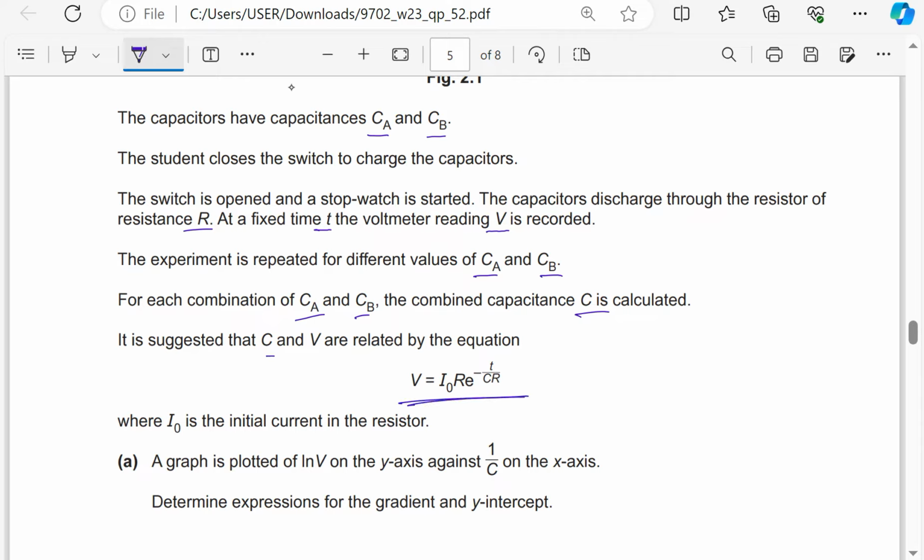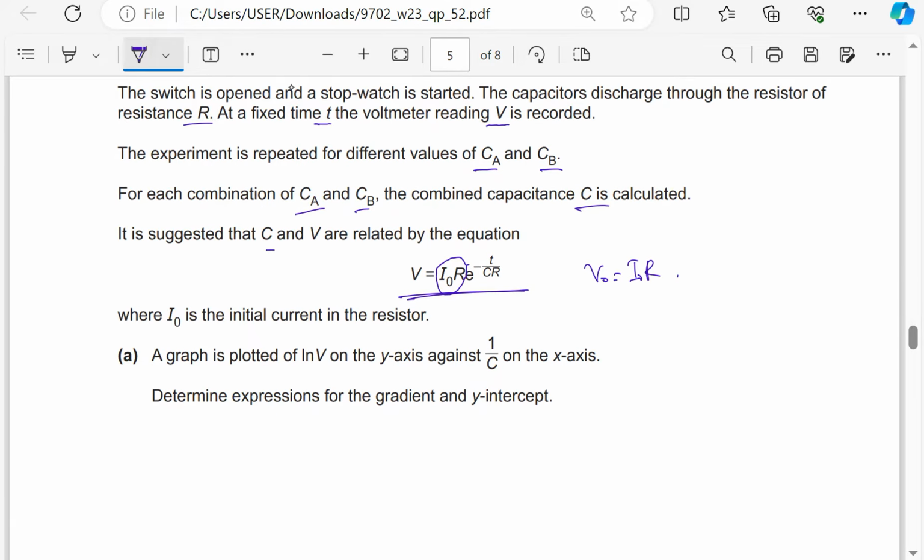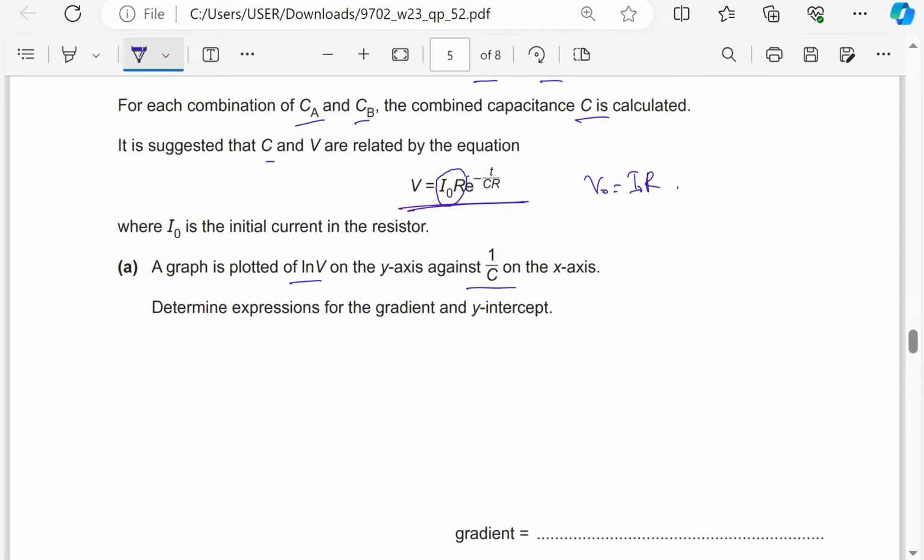We have seen this equation in capacitance. This is the discharge of a capacitor where this I naught R is supposed to be V naught. V naught is I naught times R. A graph is plotted of ln of V on the y-axis against 1 over C. So I have to make ln of V the subject. I'm going to introduce ln on both sides.